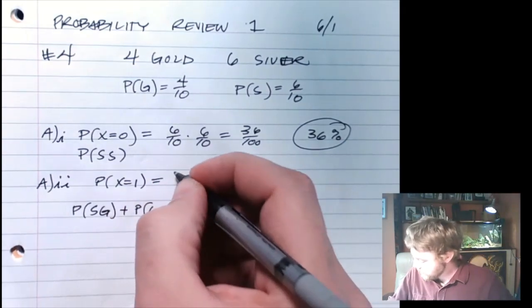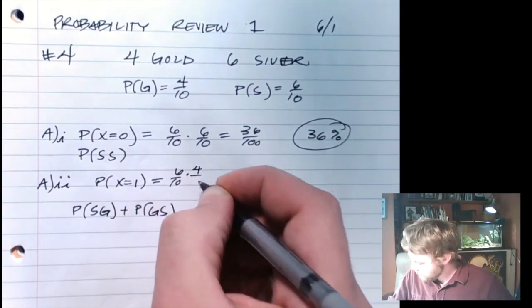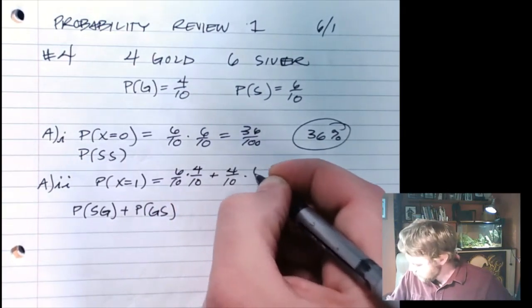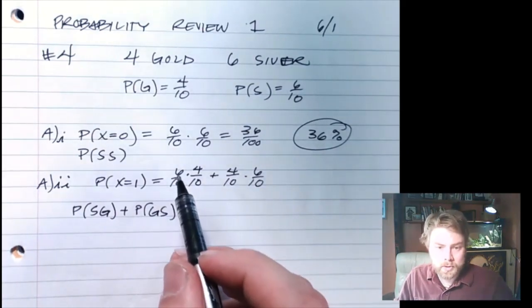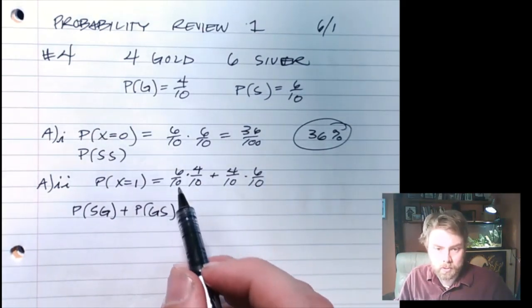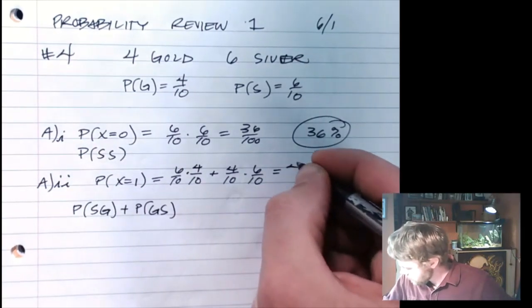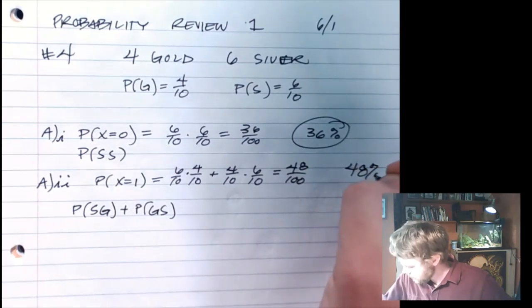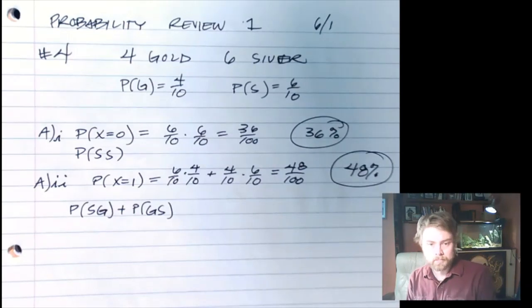So this is 6/10 times 4/10 plus 4/10 times 6/10, which would be 24/100 plus another 24/100, 48/100. Okay, part A, not so bad.